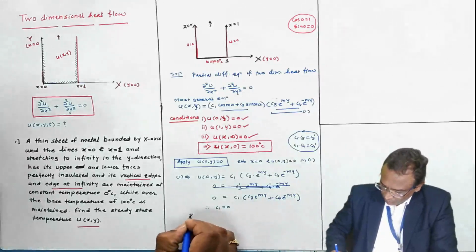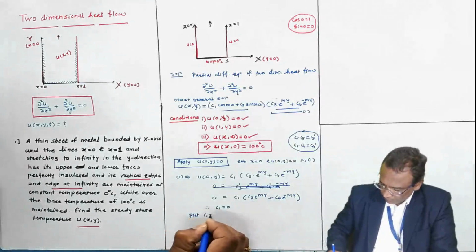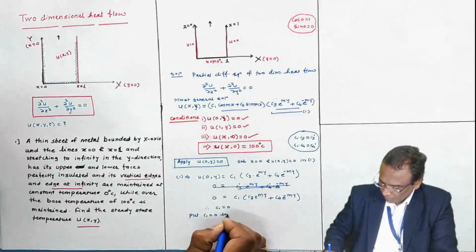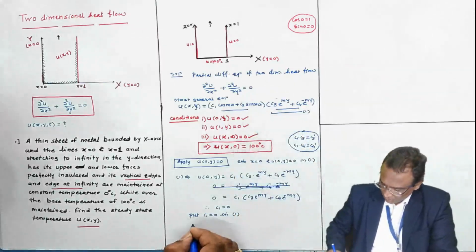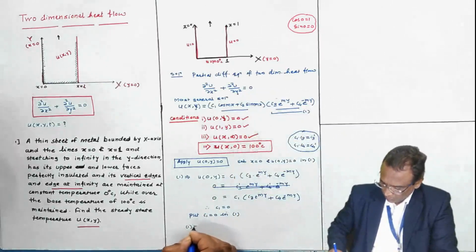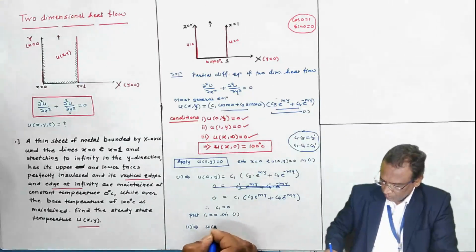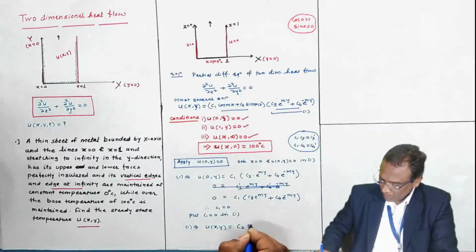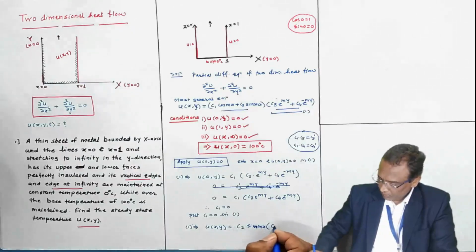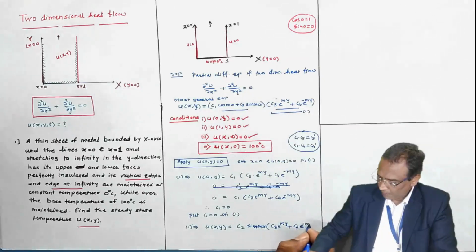So put C1 equal to 0 in equation 1. Okay, I am putting C1 equal to 0 in equation 1. Then equation 1 becomes u of xy equals C2 sin mx, C3 e to the power my plus C4 e to the power minus my.